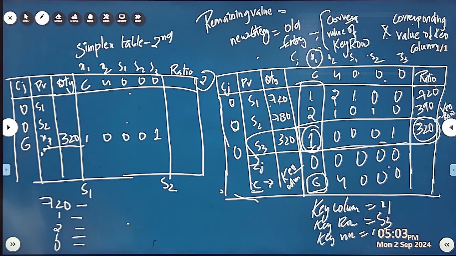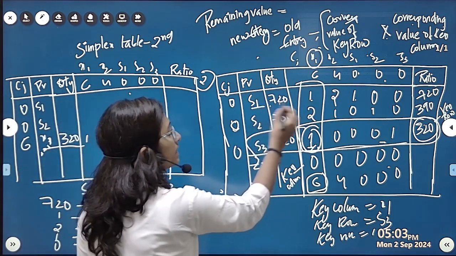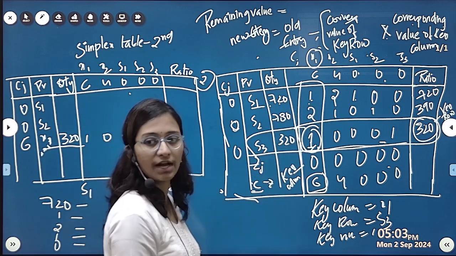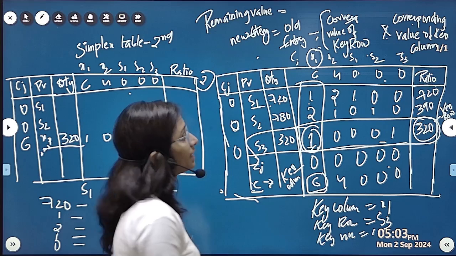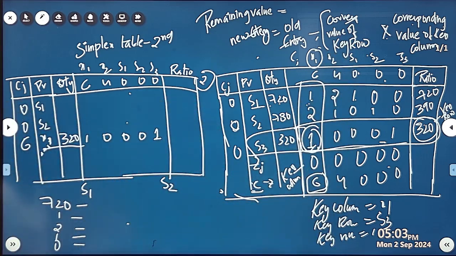X2? No. The corresponding value of key column for S1 is 1, right? That is 1, but what are the values of the key row? Look at that table carefully. Everything is in that only. Read the formula and try to make it.